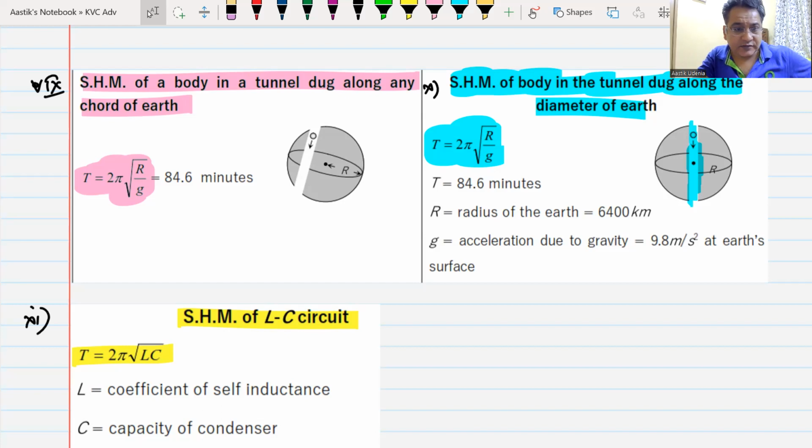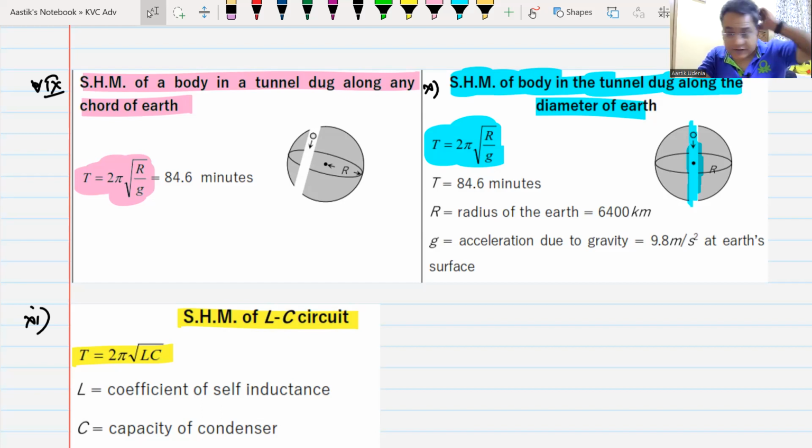One question based on this. Okay, this is done. Superposition of SHM we will do in the next class because we will be continuing with the same thing in the next chapter, which is waves.